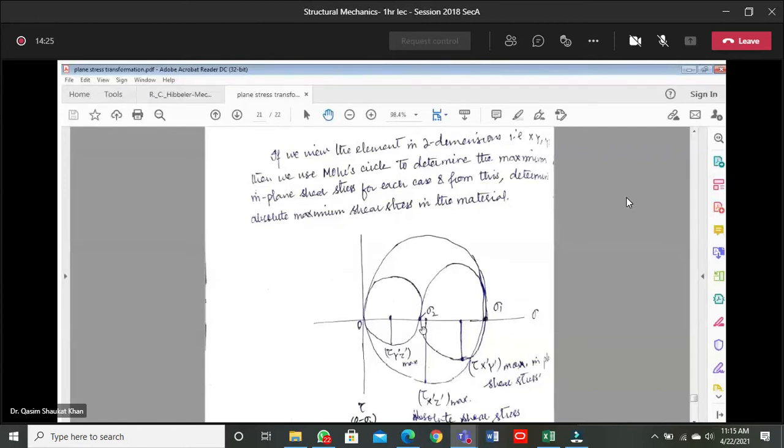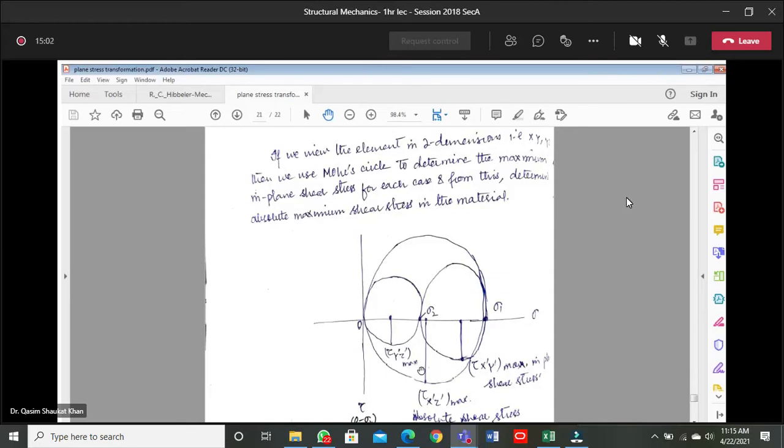So the maximum shear stress will be this one, tau XZ dash, and it will be equal to sigma 1 over 2. Total diameter of this second circle is 0 to sigma 1, and the maximum shear stress tau XZ dash will be equal to sigma 1 over 2. Is this point clear? Yes, sir. Okay.